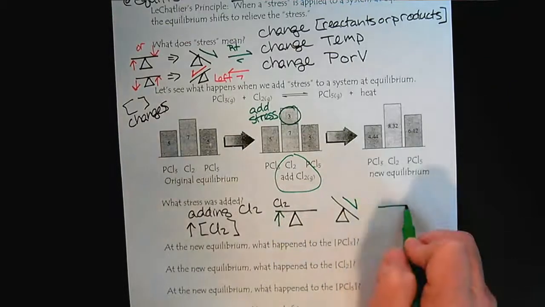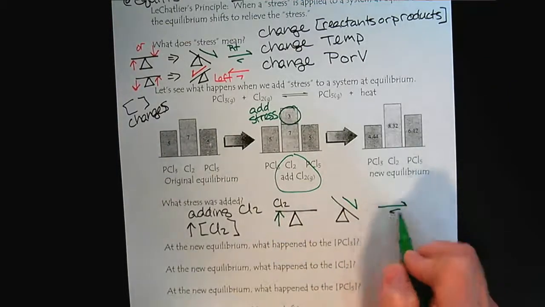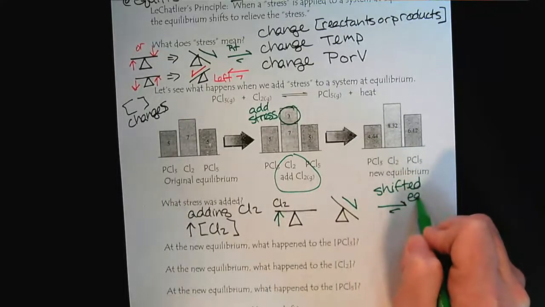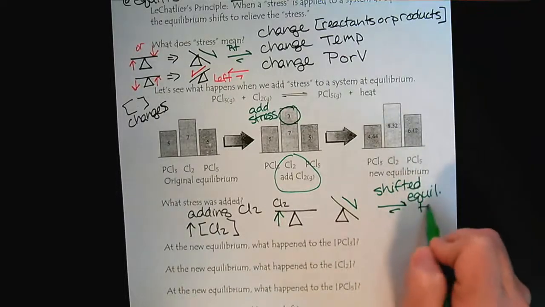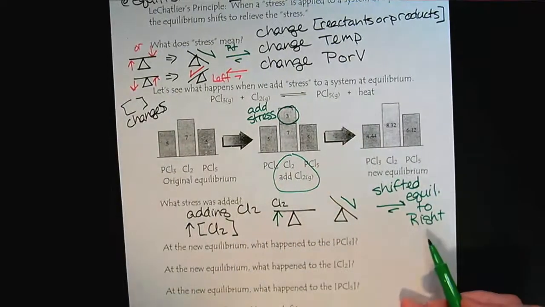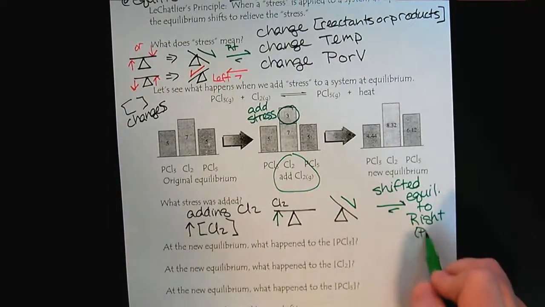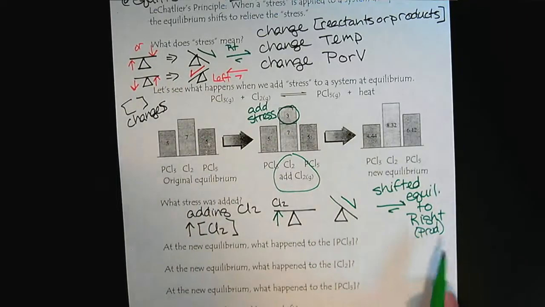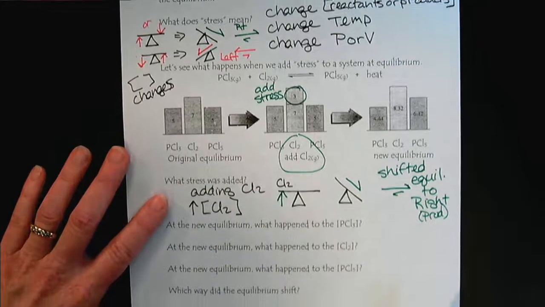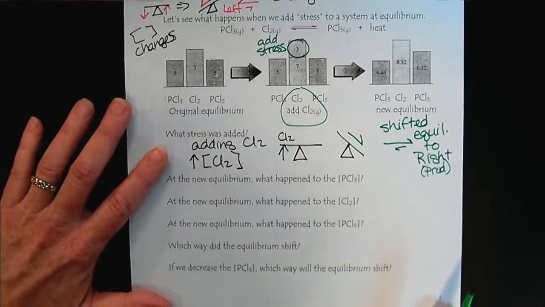So we would say that we have shifted the equilibrium to the right. And remember that on the right side are the products. So this equilibrium is going to favor the formation of products. Now let's look at our data to verify that that's what happened.